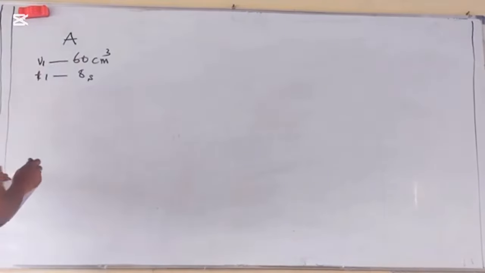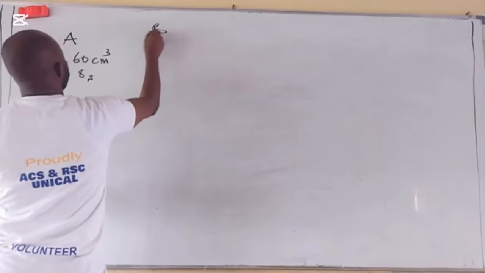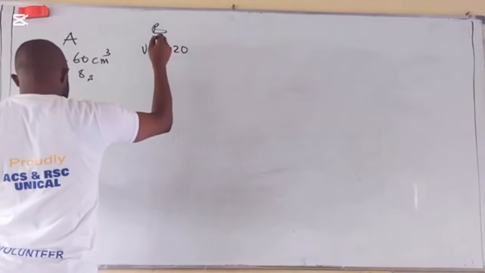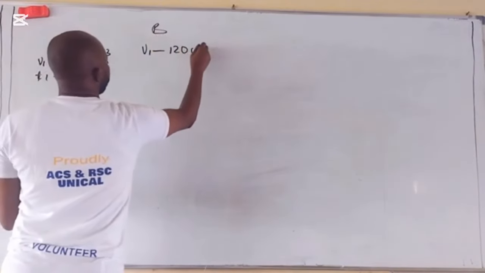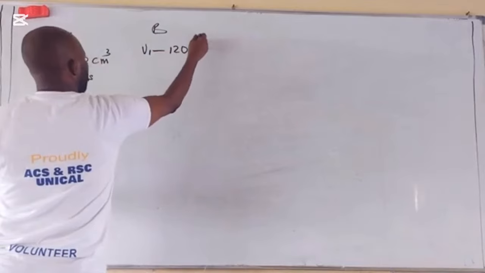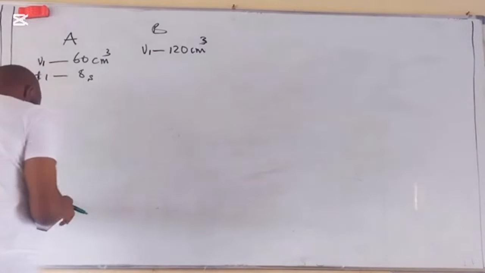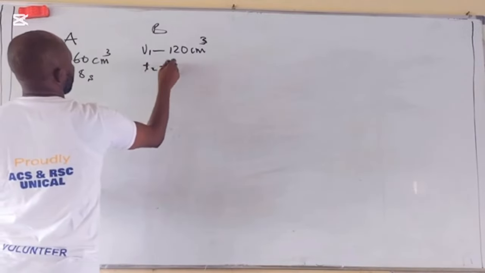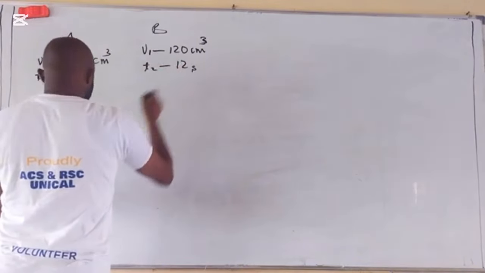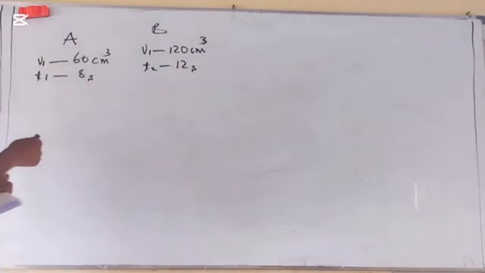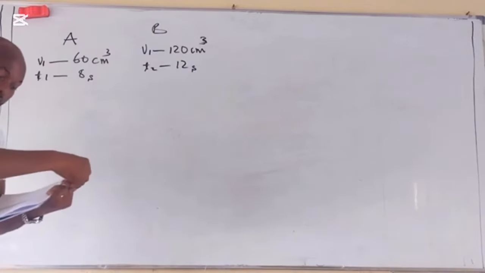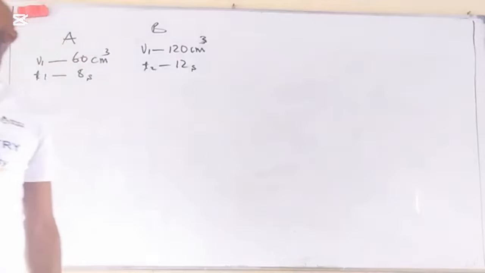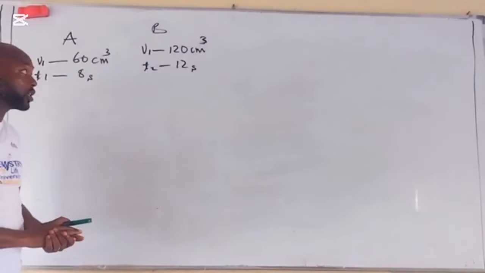And 120 cm cube of another gas B, this is B, V2 is 120 cm cube of another gas B, okay, that freezes in 12 seconds, T2, 12 seconds. Calculate the rate of diffusion of the two gases.